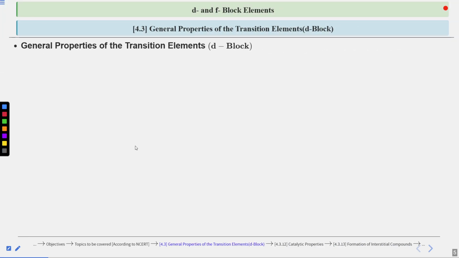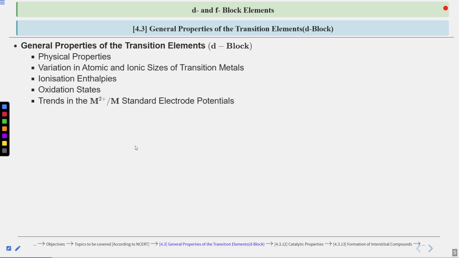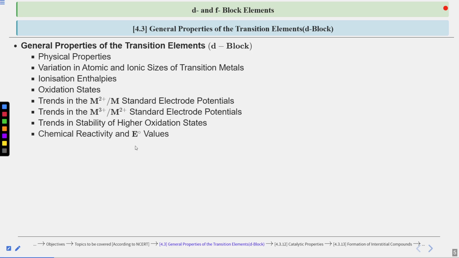So let's begin with our first topic, section 4.3, general properties of transition elements, that is D block elements. The D block elements have various physical properties, and we have already covered some of these in the previous lectures.